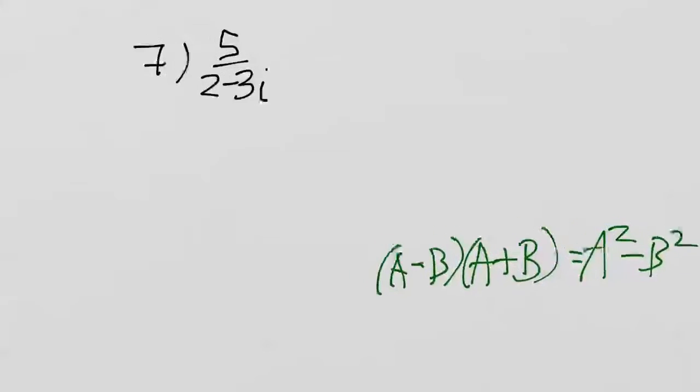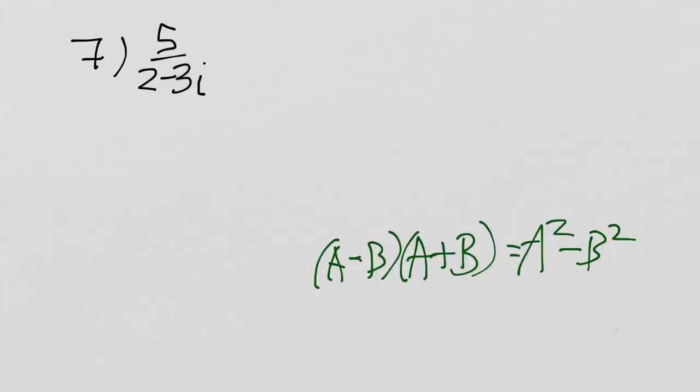I'm going to use that because I'm going to try to square the i in 3i and get that negative number. So I'm going to use what's called the complex conjugate. I'm going to multiply both the top and the bottom by 2 plus 3i, all right?